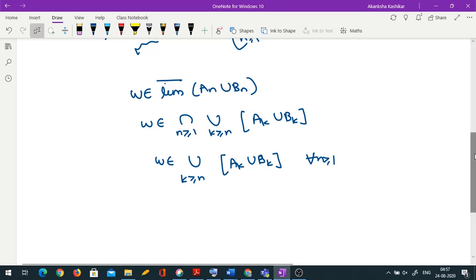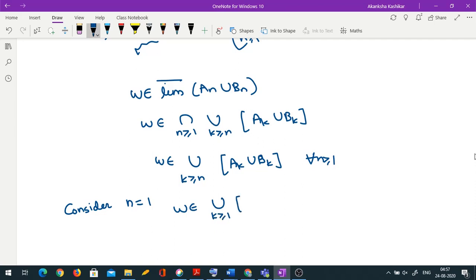This is true for every n. Let me consider n equal to 1. So this means omega belongs to union over k greater than or equal to 1 of Ak union Bk.